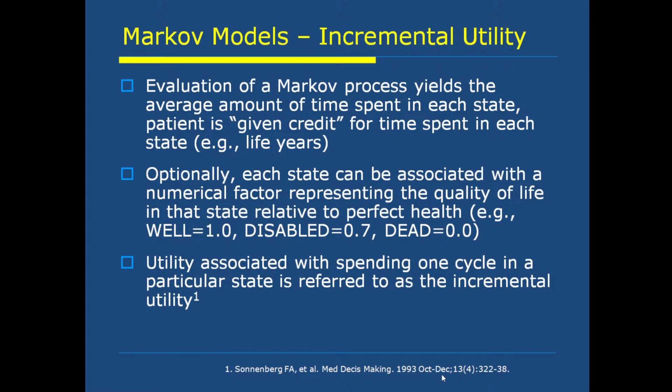For example, well equals 1, disabled equals 0.7, dead equals 0. The utility associated with spending one cycle in a particular state is referred to as incremental utility.